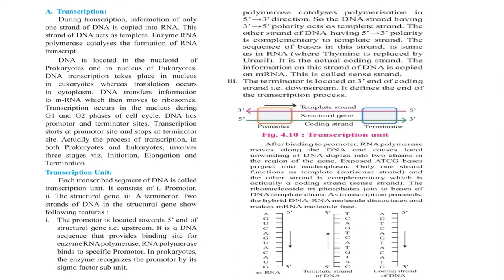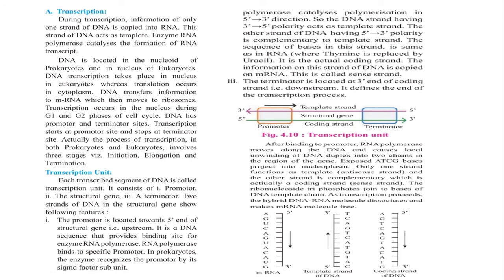Polymerase catalyzes polymerization in the 5' to 3' direction. So the DNA strand having 3' to 5' carbon polarity acts as the template strand. Next, the terminator is located at the 3' end of the coding strand, that is, downstream.